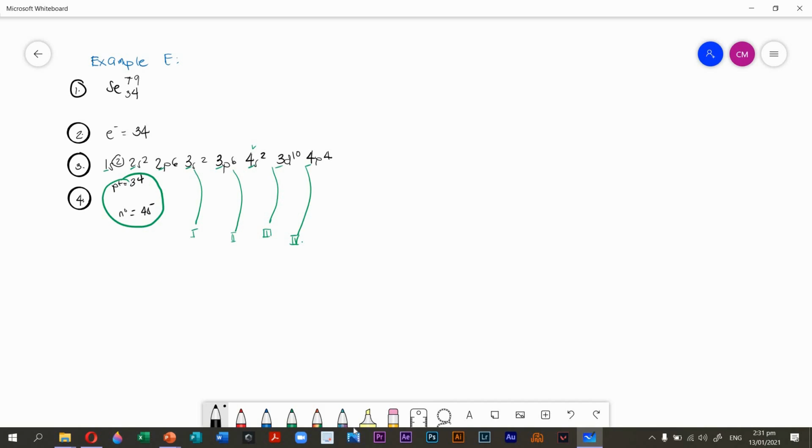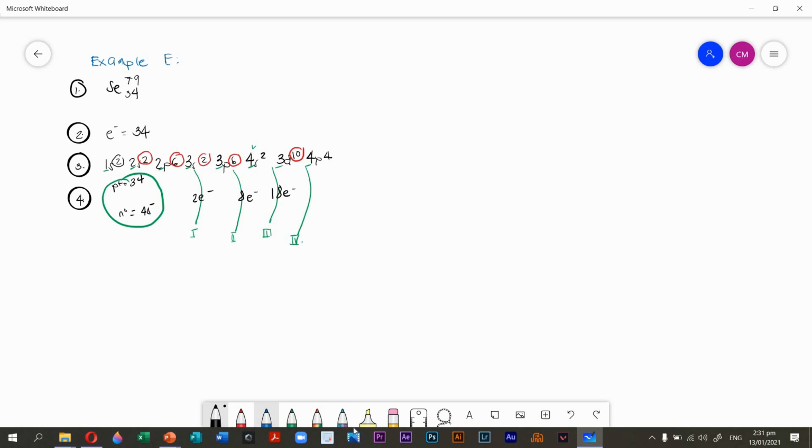For the second energy level, there are 2s2 and 2p6. So, how many electrons are there? 8 electrons. For the third energy level, there are 3s2, 3p6 and 3d10. So ilang electrons na meron siya? It will be 18. Okay, very good.